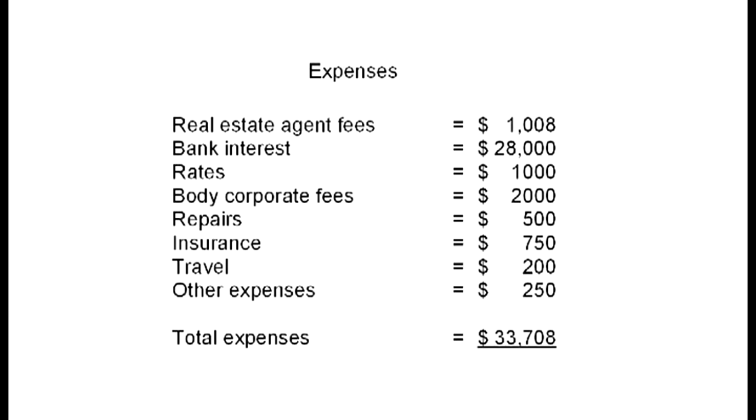These other costs include rates for $1,000, body corporate fees $2,000, repairs $500, insurance $750, travel $200, and other of $250. Total expenses now equal $33,708 for this property.